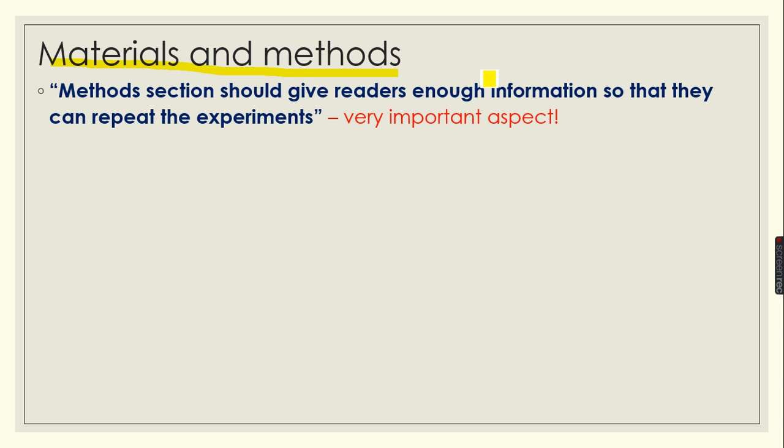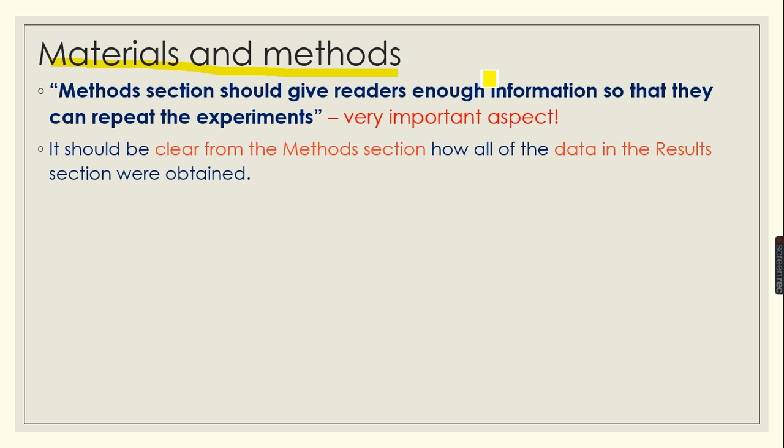So your material and method section must be sufficiently detailed to repeat whatever the study is going to tell by another person. It is really very important when you are writing any material and method. It should be clear from the method section how all the data in the result section were obtained.